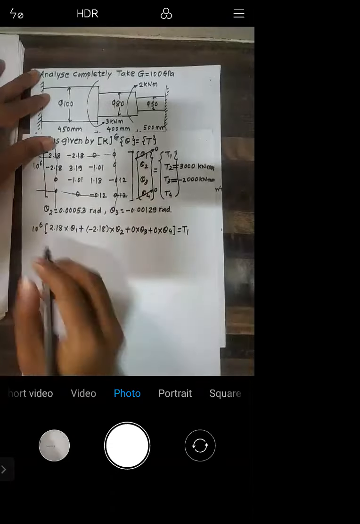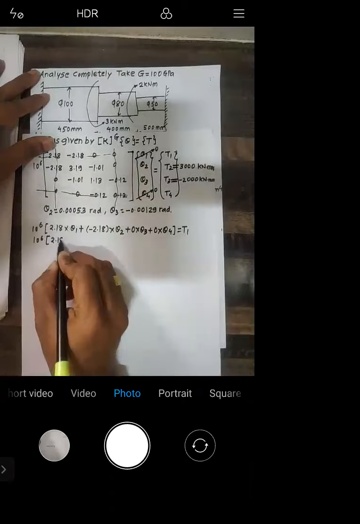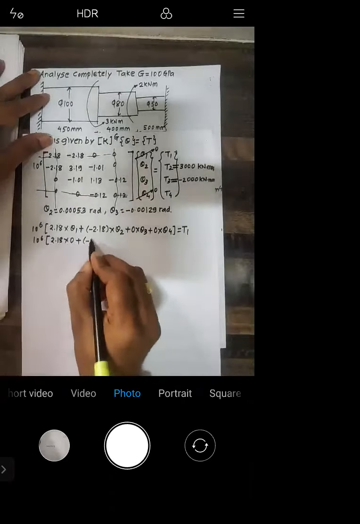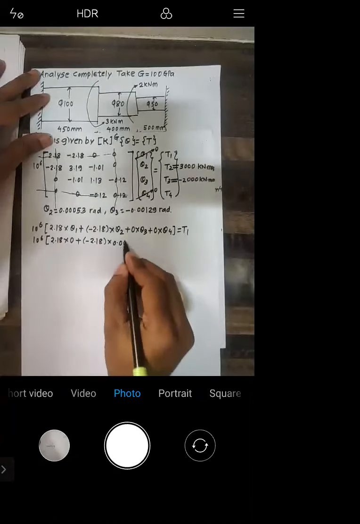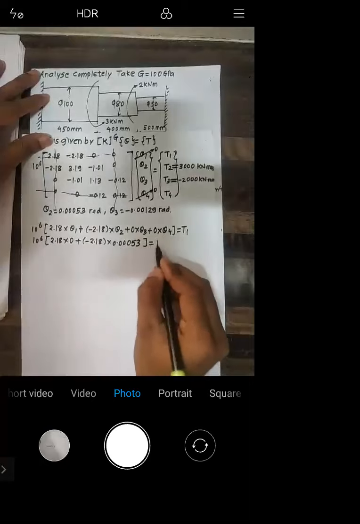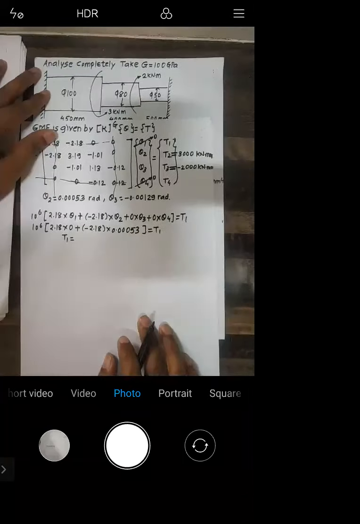So 10 raised to power 6, 2.18 into theta 1, which is 0, plus minus 2.18 into theta 2, which is 0.00053, plus 0, is equal to T1. So from this, you can get the value of T1. Is it okay?